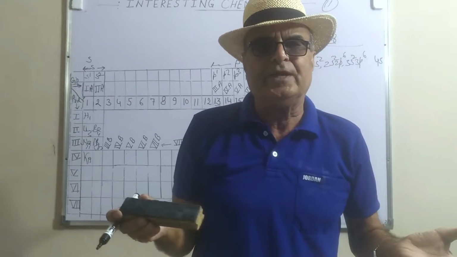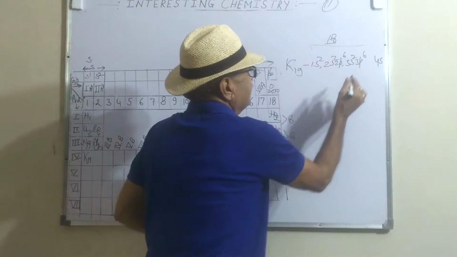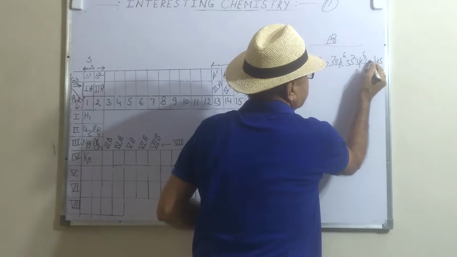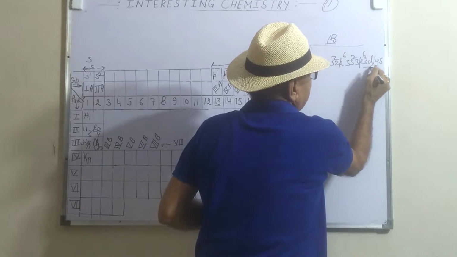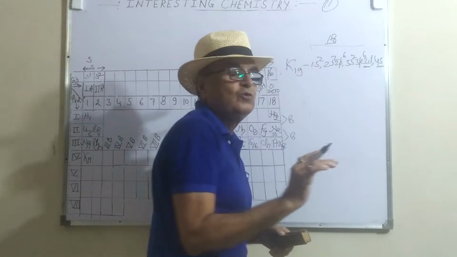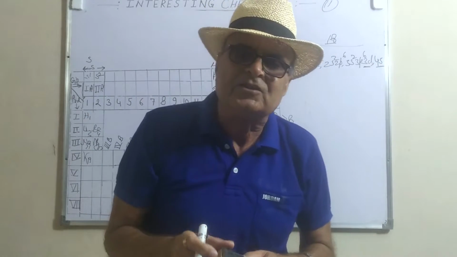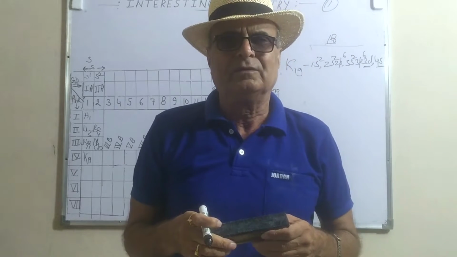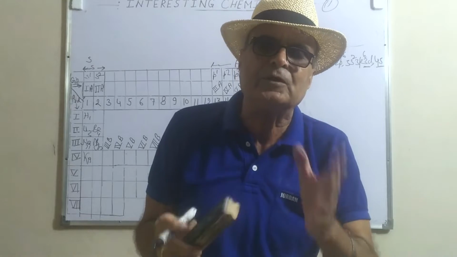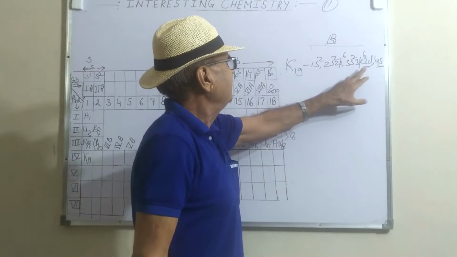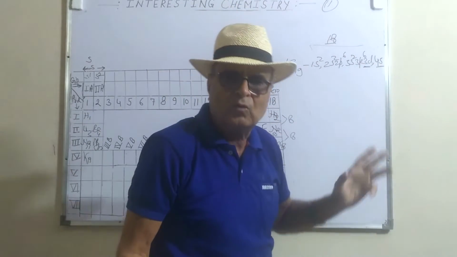Where will the 19th electron go? Here 3d is vacant, here 3d and here 4s. So you have to decide the place of the 19th electron, whether it will go in the 3d or 4s.